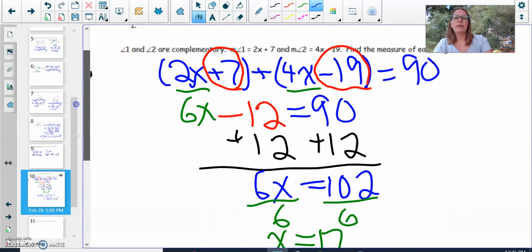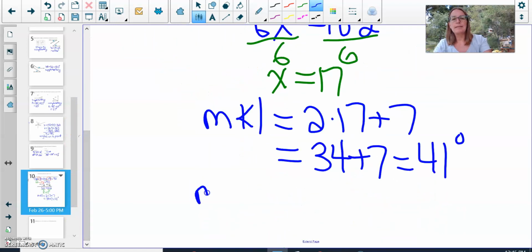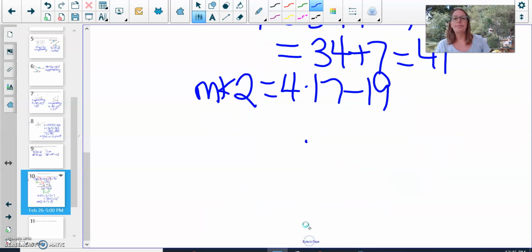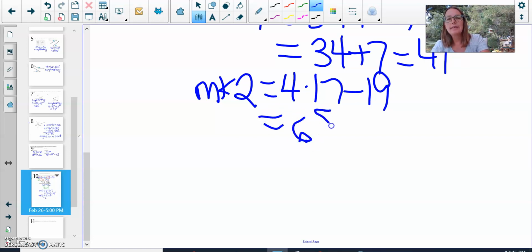And to find the measure of angle 2, that was 4x minus 19. That's 4 times 17 minus 19. Multiply it out, I'm getting 68 minus 19, which makes it 49 degrees.